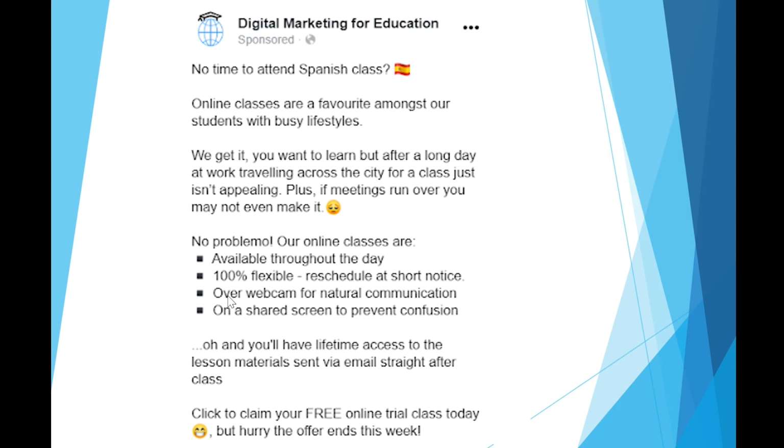And then lastly, "on a shared screen." So again, that's a feature. You need to tell the benefit. It's to prevent confusion. Another fear people have of online classes, or not even a fear, it's just a thing you actually face, is if someone does an online class but they don't share their screen, you're saying, oh, what are you looking at? Let's say we've both got a textbook and we're trying to find out where each other are. It can be confusing.